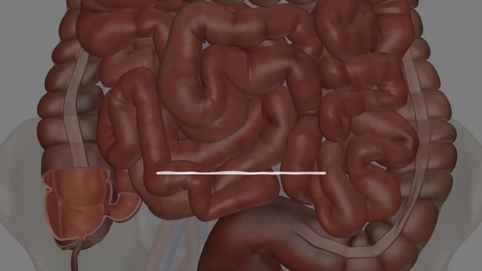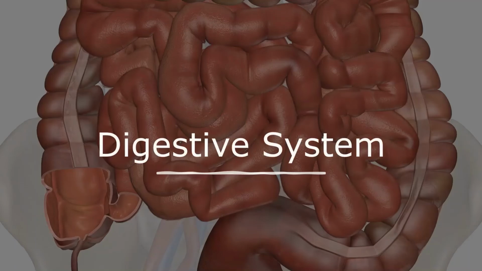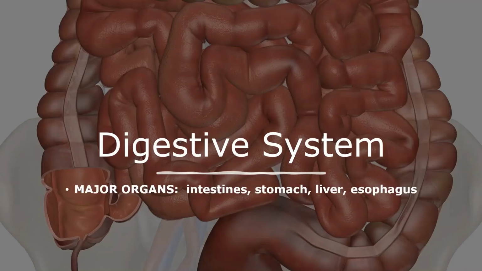Okay, more guts. So it's not called the enteric system, it is called the digestive system, because that's what at least half of the system does, right? So of course we see the intestines here in this picture, primarily the small, all this jumbled mess right here.